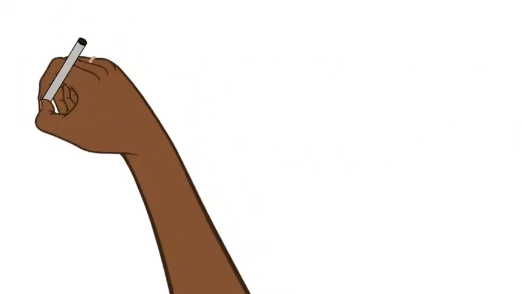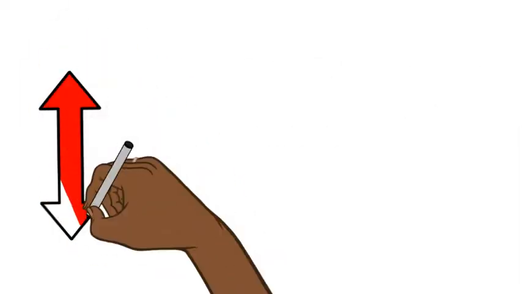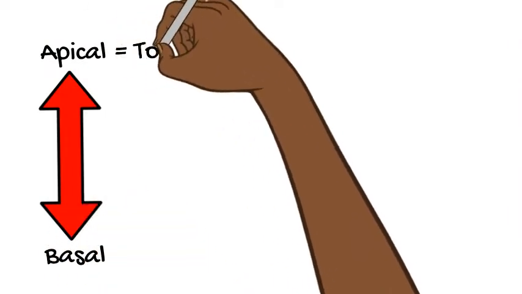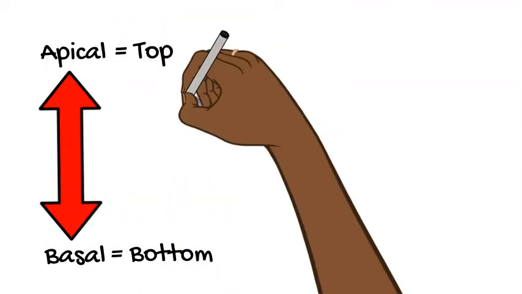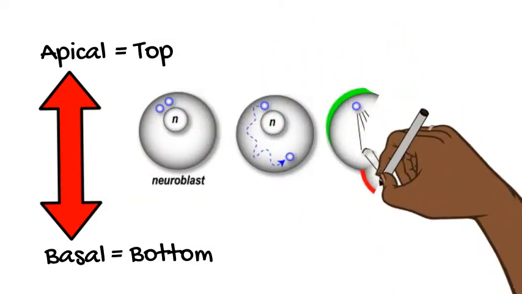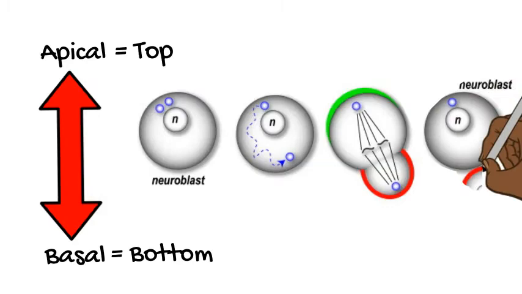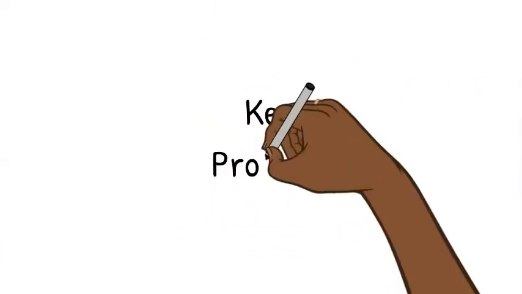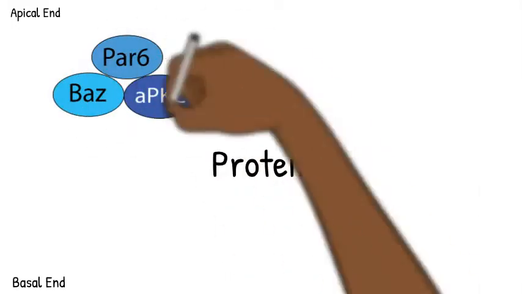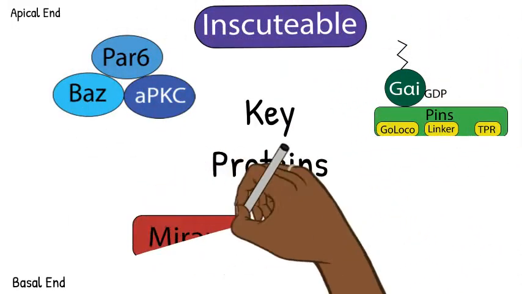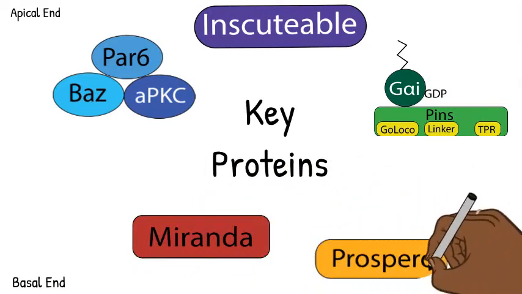In the central nervous system, embryonic neuroblasts undergo asymmetric cell division along what we call an apical basal axis, which is just top or bottom, and that produces two daughter cells, a self-renewing neuroblast and a GMC, also known as ganglion mother cell, that go on to produce neurons and glial cells. There are key proteins and protein complexes needed that are unequally positioned at either the apical or basal end, which cause the neuroblast to divide asymmetrically.